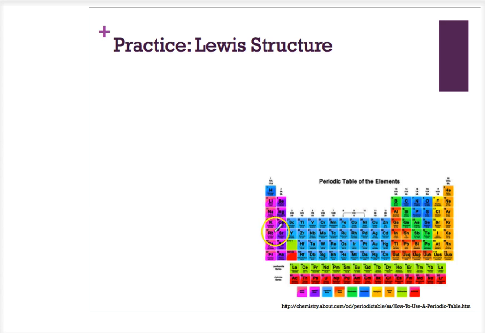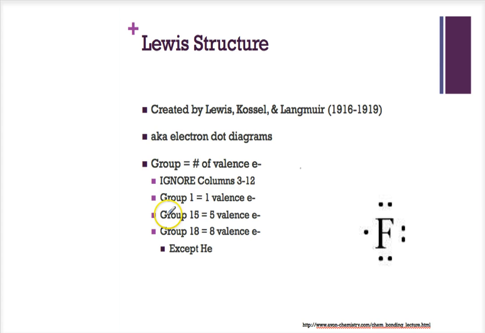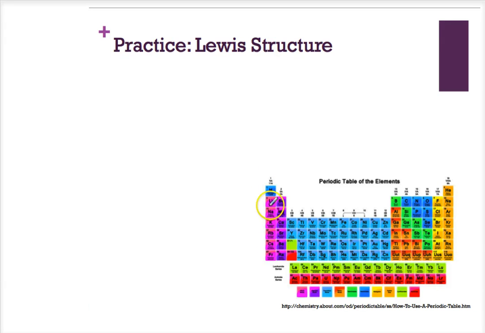So we're going to ignore this section here. And we're just going to look at columns 1, 2, and 13 through 18. So if you have an element in group 1, it equals 1 valence electron. That means there's only 1 valence electron the furthest away from the nucleus. So everything in group 1 has 1 valence electron.